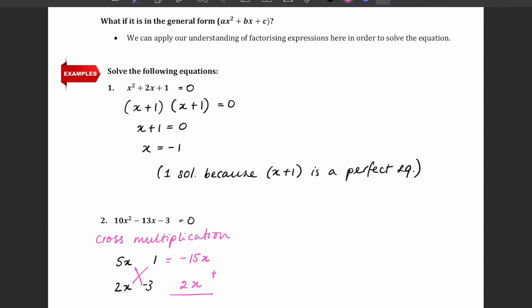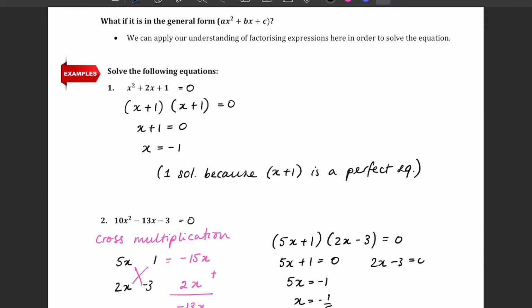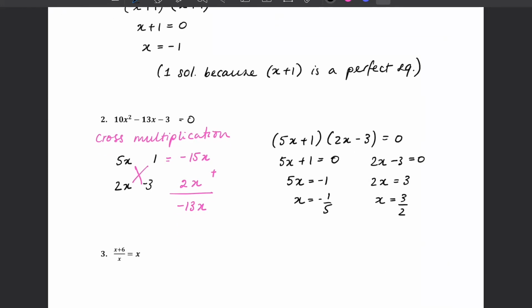So now adding these two together, I'm going to end up with negative 13x, which means my linear factors will be (5x plus 1) and (2x minus 3) equals 0. So now applying null factor law to solve for x, I'm going to do the following. And my solutions for this particular equation to be equal to 0 are x equals negative 1 on 5, or x equals 3 on 2.